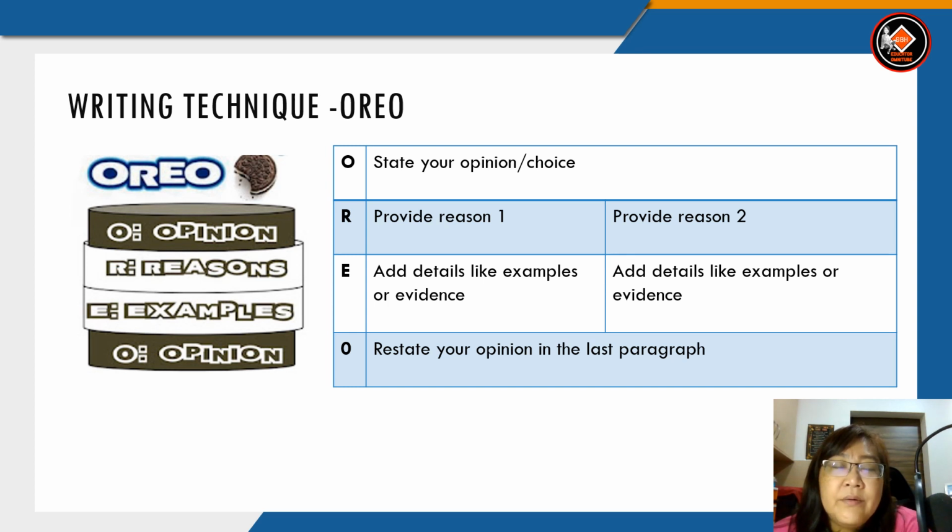Then R, you have to provide reason 1 and reason 2. Then E, you can add details like examples or evidence for reason 1 and also reason 2. And lastly, for the last O, you restate your opinion in the last paragraph.